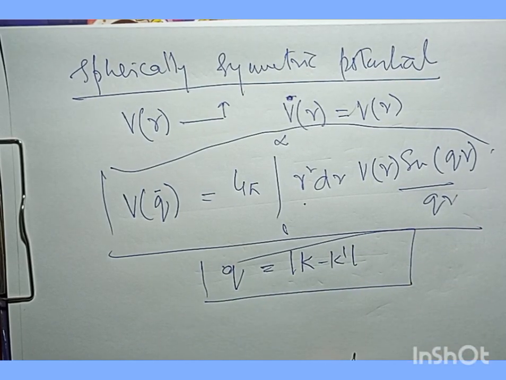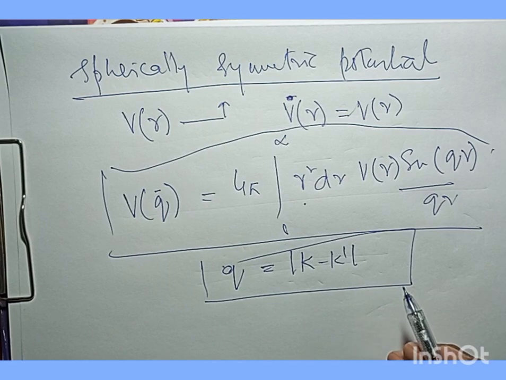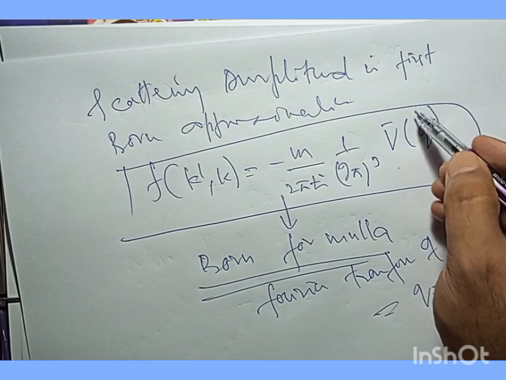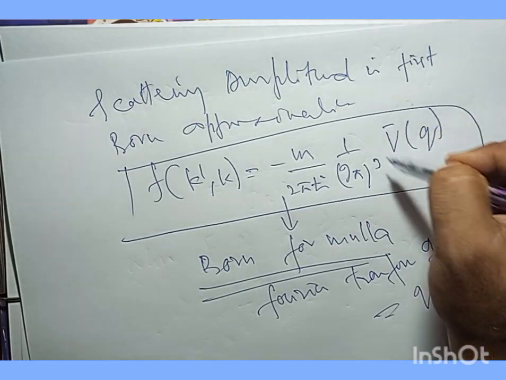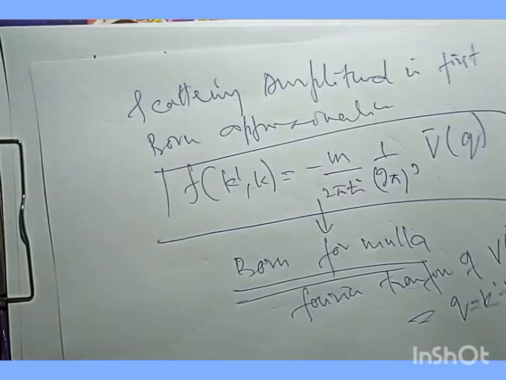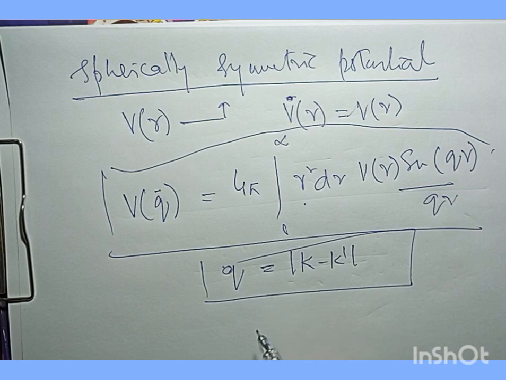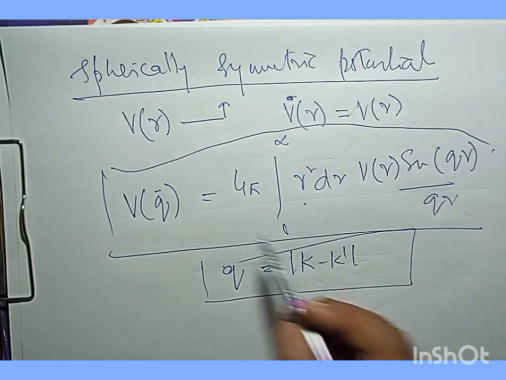So substituting this into the Born formula gives us the scattering amplitude for a spherically symmetric potential.